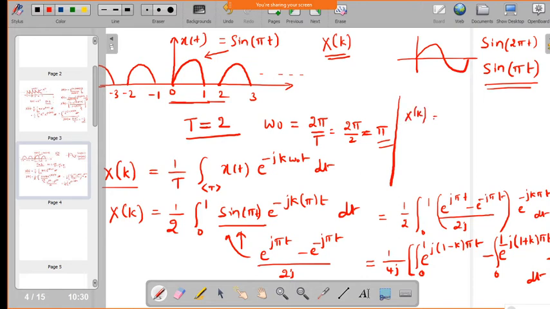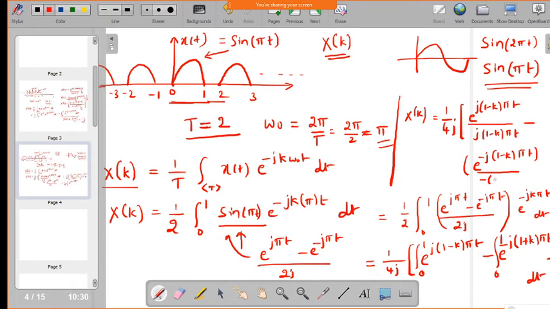X of k is equal to 1 over 4j into e power j into 1 minus k into pi t, divided by j into 1 minus k into pi, minus again e power minus j into 1 minus k into pi t, divided by minus of 1 plus k, that is j into 1 plus k into pi t.